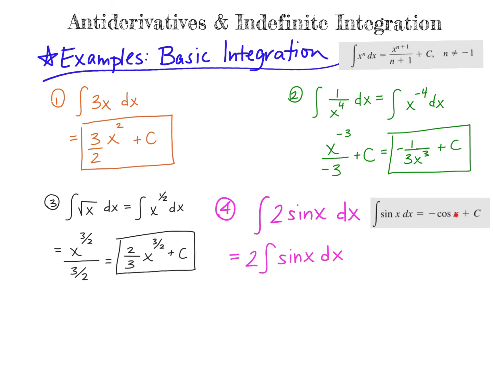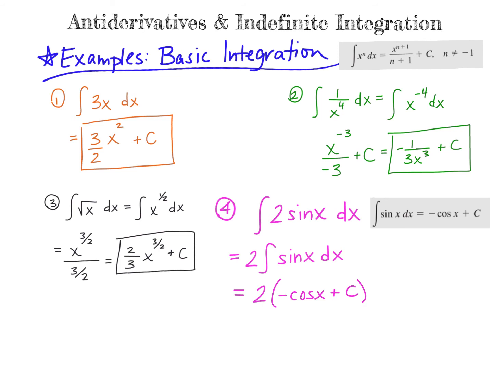If we took the derivative of negative cosine, we of course would get sine. So, using this rule, the 2 remains out front. The integral of sine of x dx, basically what did we take the derivative of to get sine of x, is the opposite of cosine. So we have negative cosine x plus c.